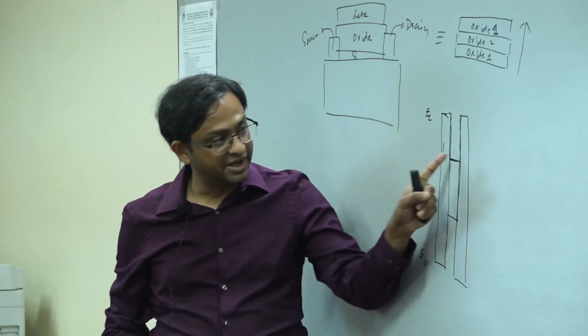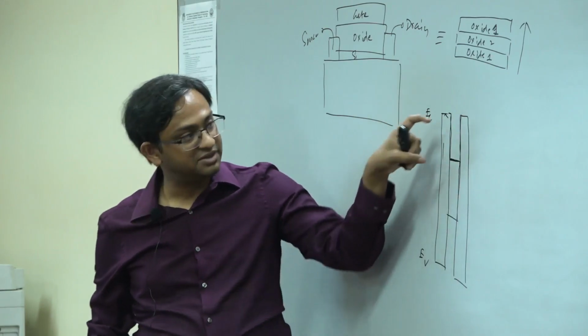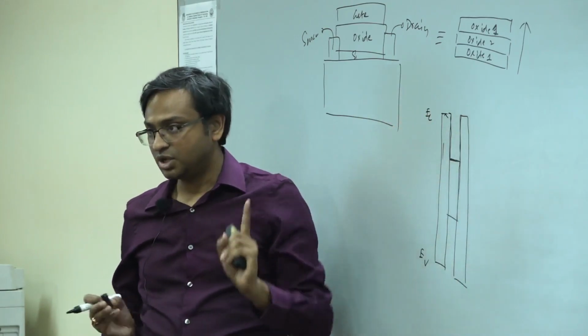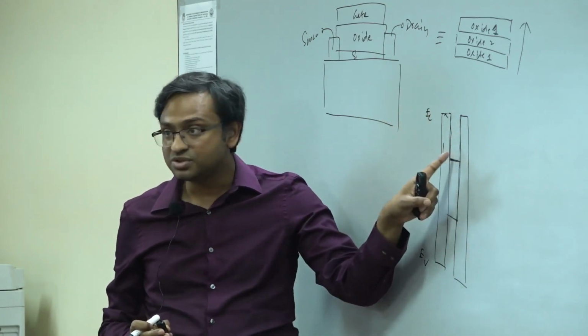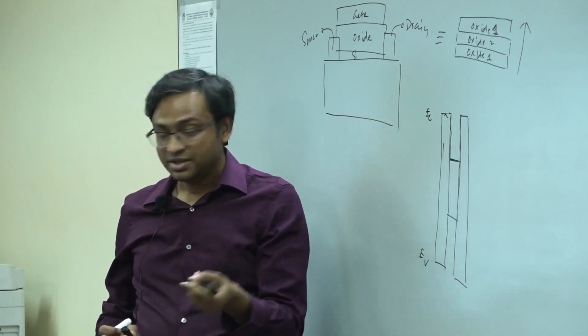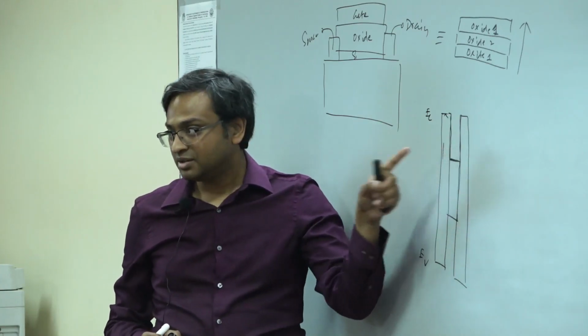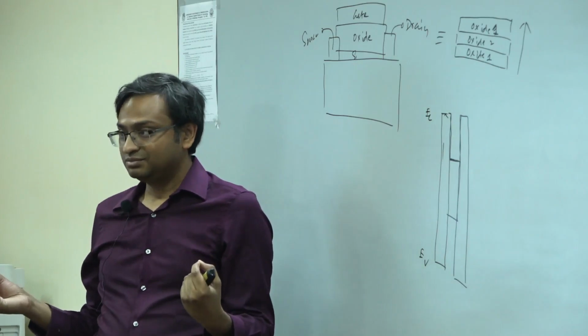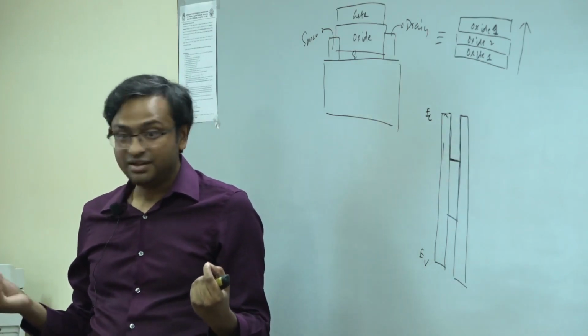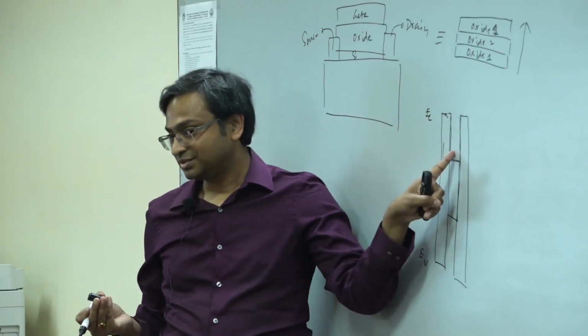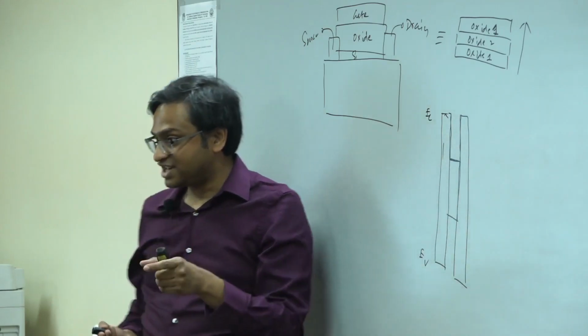Quantum mechanically, they can tunnel out, but if the barrier is very large, then they will not tunnel out. So I can use this for storage. If I can put charge over there, it will stay there forever. So I can trap charges. That is how your flash memory device works.